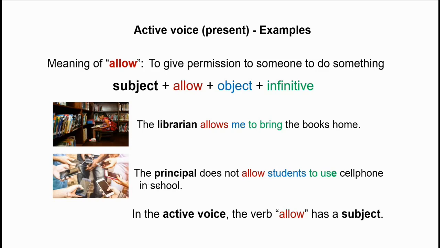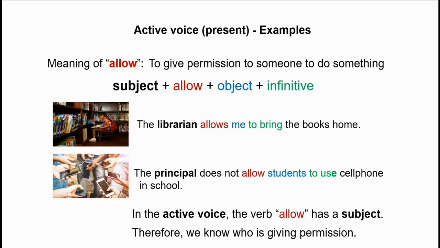It's the principal. So, with the active voice, we get more information. Again guys, I'll repeat: with the active voice, we get more information. Therefore, we know who is giving permission.